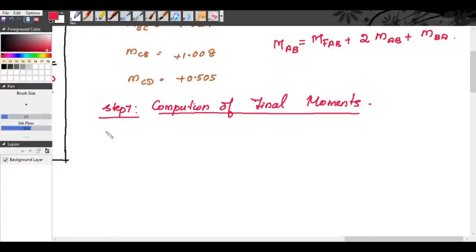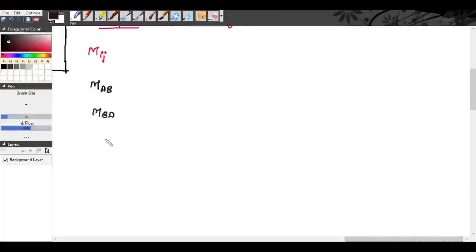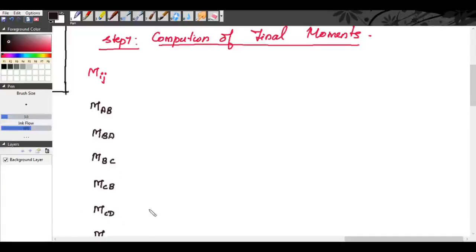So we know our final moments are written in terms of MAB, MBA, etc. We will write it as MIJ. So MIJ means MAB, MBA, MBC, MCB, MCD and MDC, because we have 3 spans.